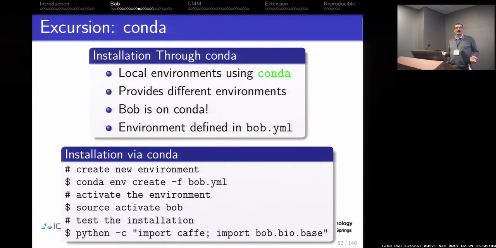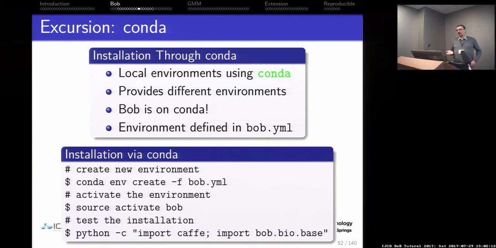So you have local environments, and for each project that you want to have, you can have a different local environment, so that you don't have to fiddle around with the system, especially when you run on servers and you share them with other people. You don't want to install something in the system, in the root path. So you want to have that in your own local environment, and Conda is one way to do that.